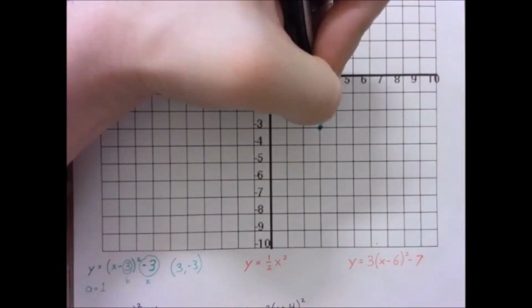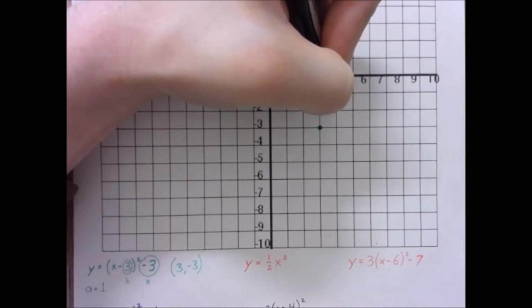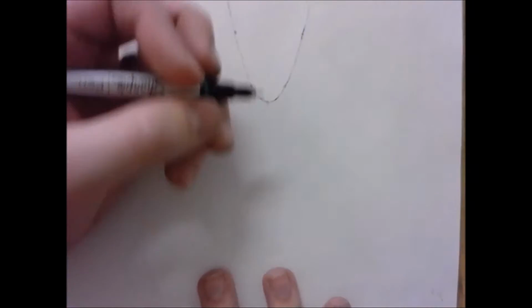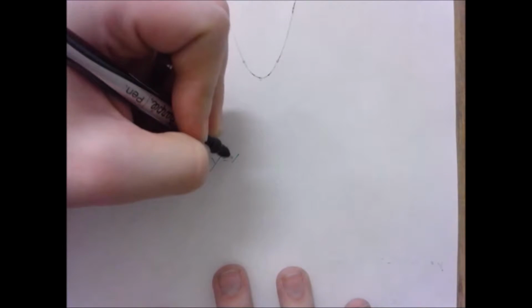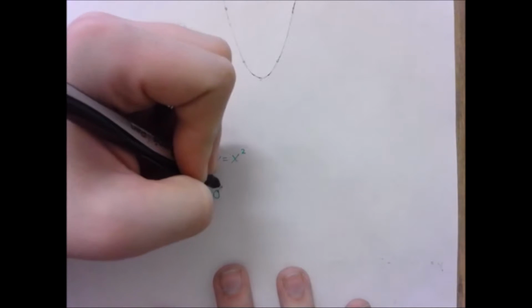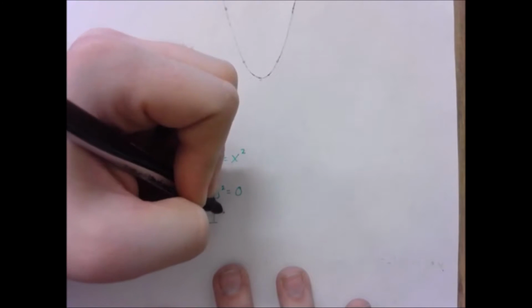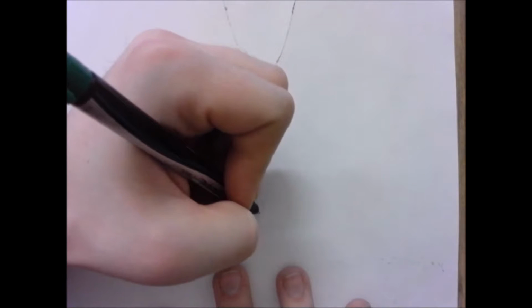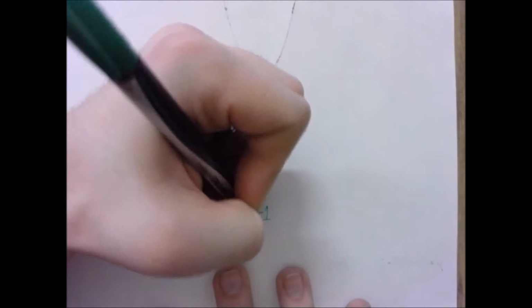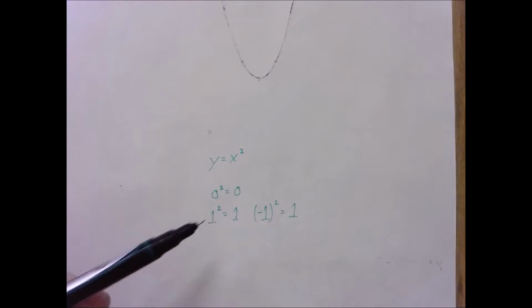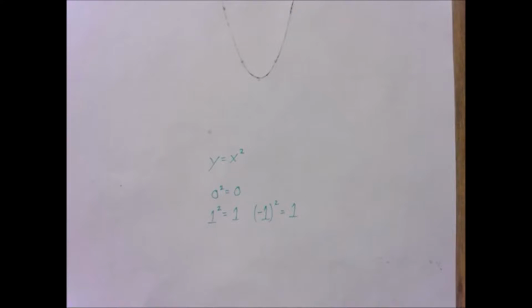So if a is 1, in a normal quadratic, when I start with y equals x squared, at 0, 0 squared is 0, but then at 1, 1 squared is 1, and also at negative 1, negative 1 squared is 1. So you can see when I move left or right one spot, I'm going up 1. That's what I expect with a parabola.